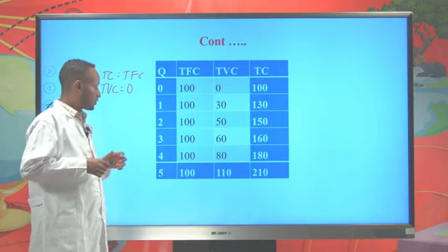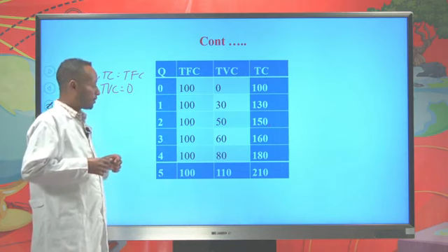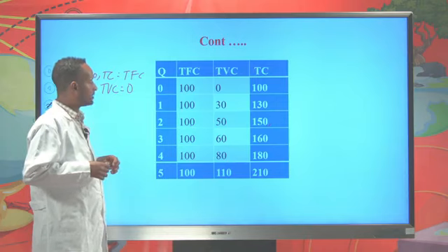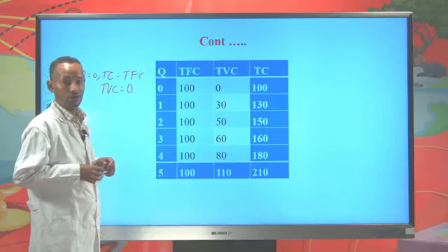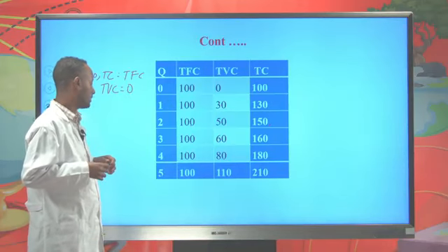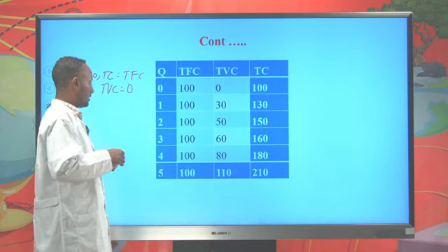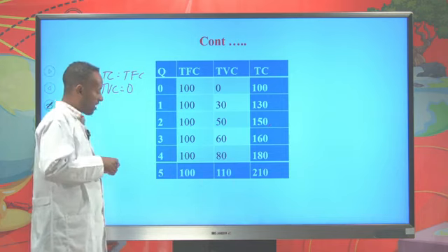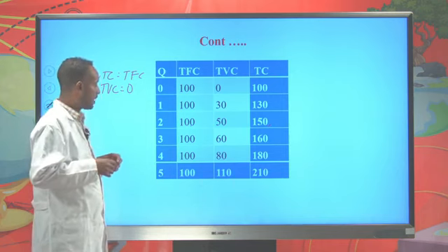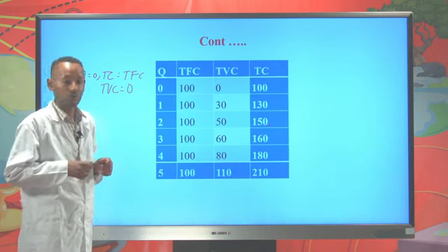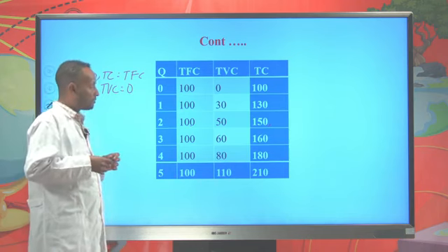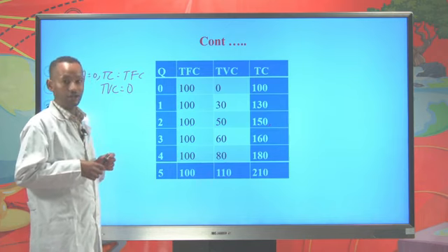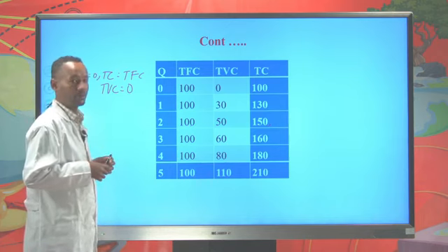If the total fixed cost of 4 units is 100 birr and the total variable cost is 80 birr, then the total cost is 180 birr. Finally, if the total fixed cost of producing 5 units is 100 birr and the total variable cost is 110 birr, then the total cost of production is 210 birr.